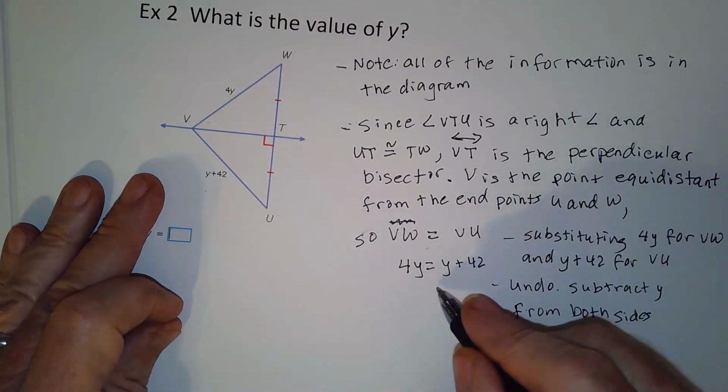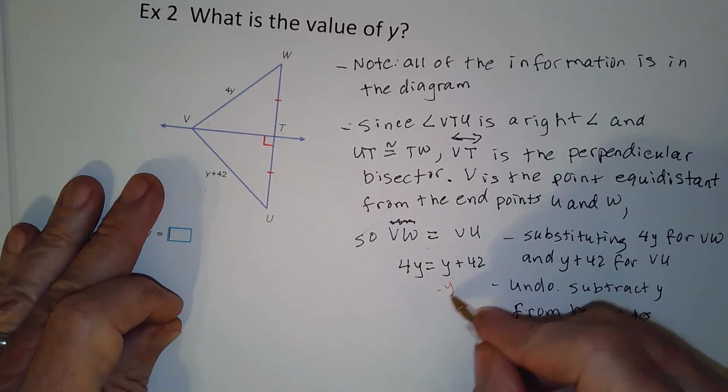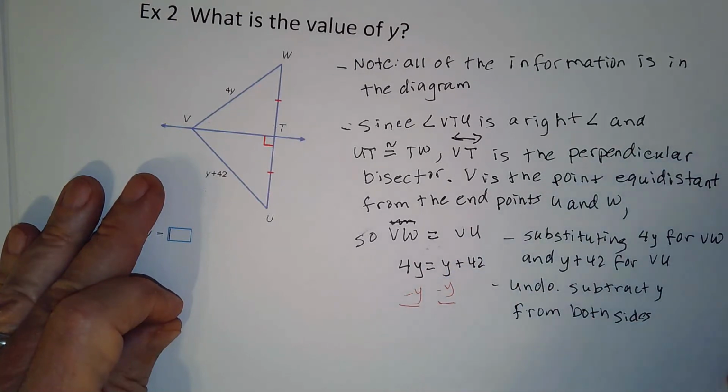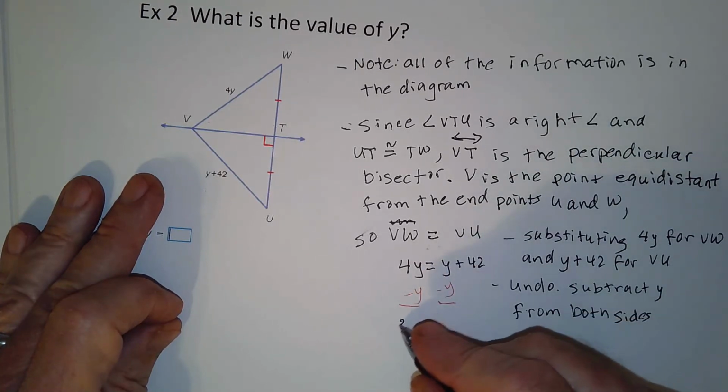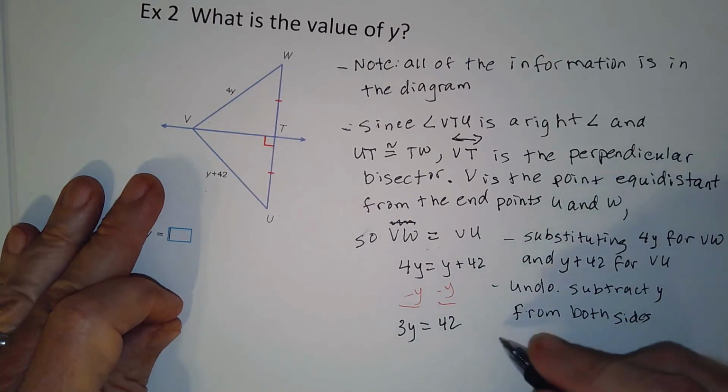So I'll subtract Y over here. Let's use a little different color. Minus Y, and so I get 3Y equals 42, and then I'm going to divide both sides by 3.